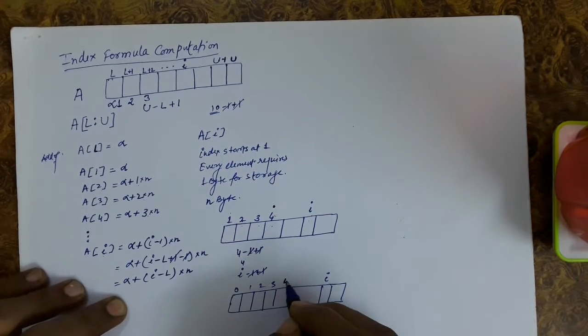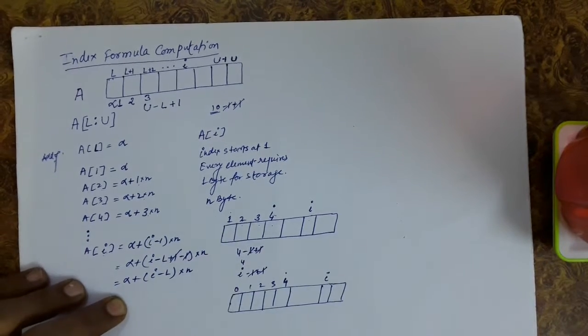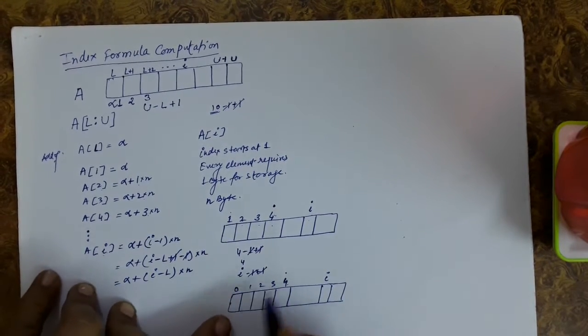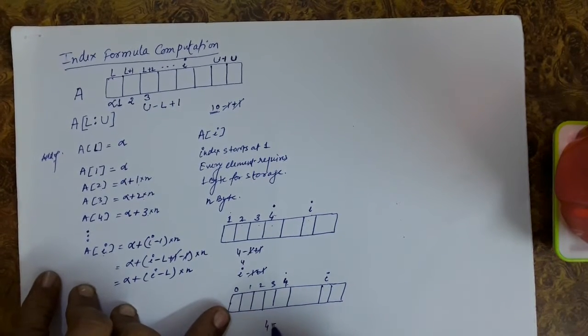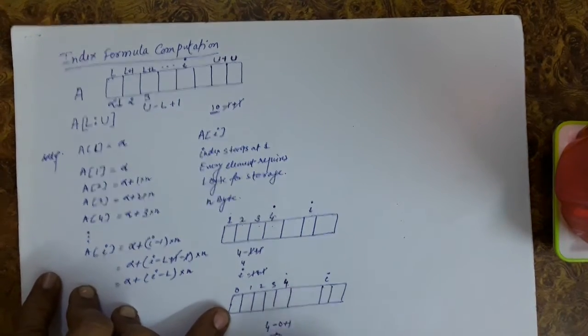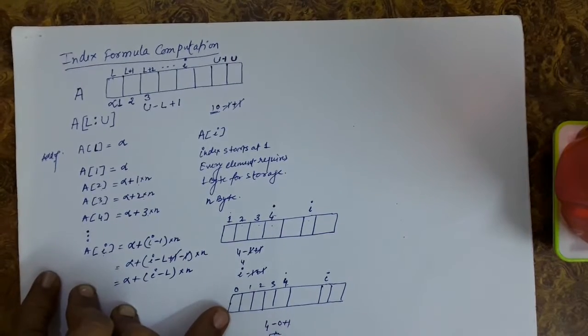Let's say we are thinking about the element at index number 4. Index number 4 is the fifth element from the first element. So how did we find that? 4 minus 0 plus 1, that is, upper bound minus lower bound plus 1. So this is the fifth element. Similarly, the ith element will be at i minus 0 plus 1 distance.